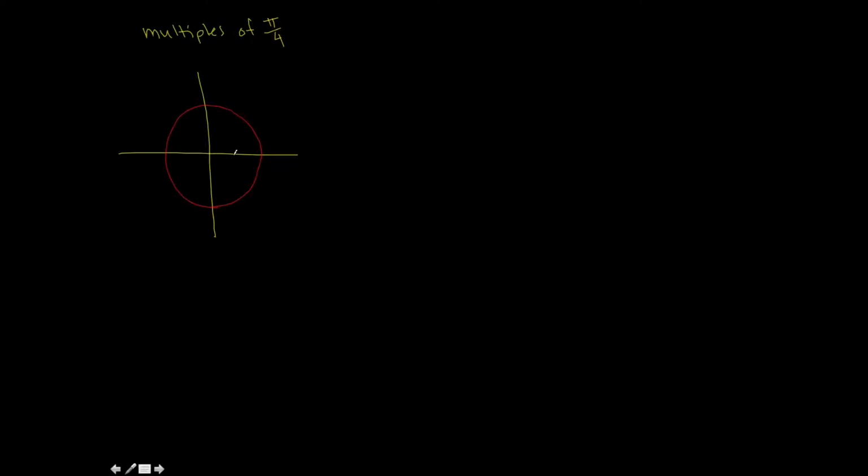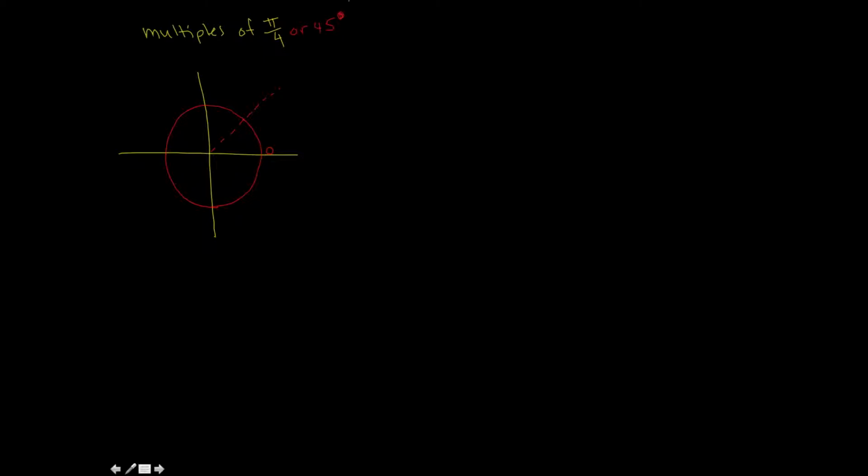Now, we know this is 0. Pi over 4 is the same thing as 45 degrees. If you were to change it back to degrees, it would be 45 degrees. Get used to both.